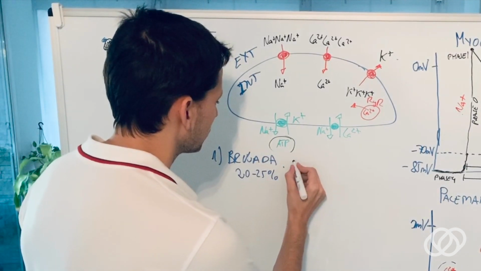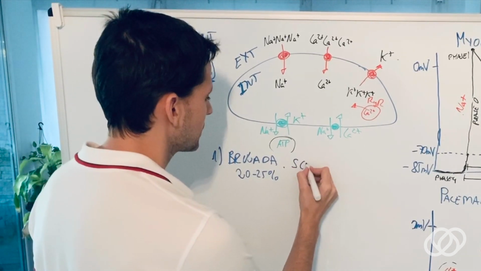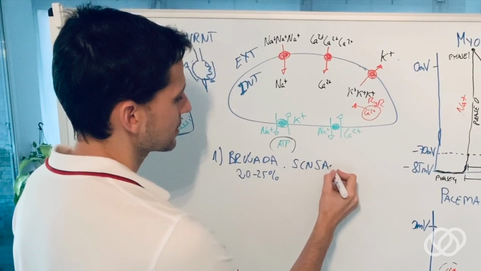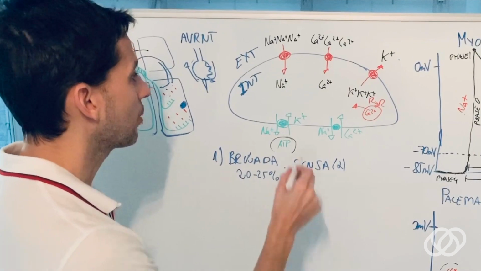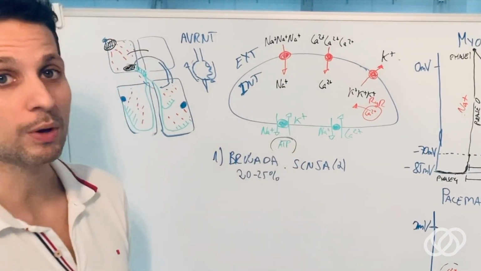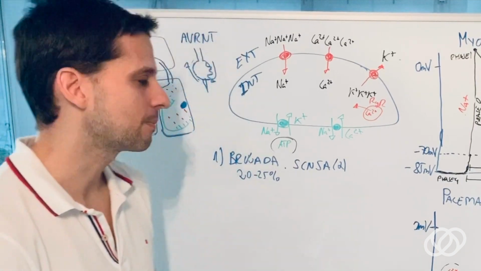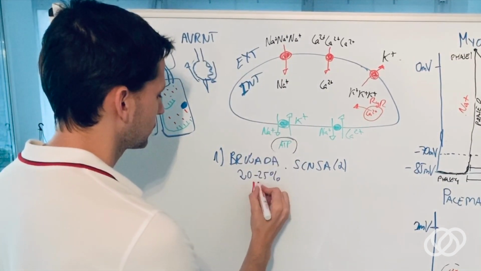Well, most of the time we are going to find that the problem is the SCN5A that codifies the alpha subunit of the protein of sodium. So when we remember Brugada, what we must remember is that the problem is usually in the channel of sodium.